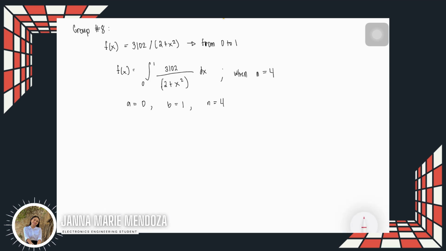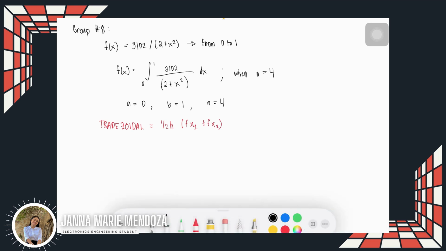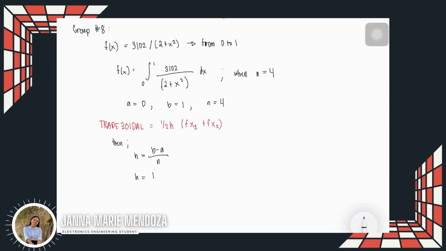Writing the formula of the trapezoidal rule, T equals 1/2 h times f of x0 plus f of xn, then h, or the height, is equal to b minus a over n, or the upper limit minus the lower limit, divided by the number of subintervals. Then h is equal to 1 minus 0 divided by 4, and it would give us an h of 1/4 or 0.25.